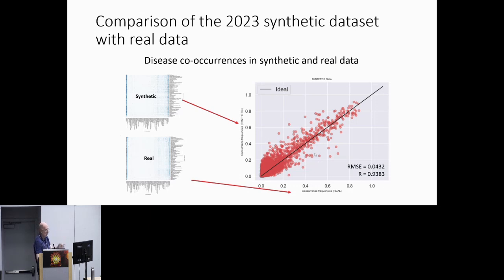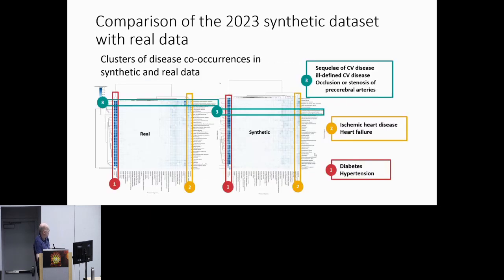And also when you cluster the disease co-occurrences, they are quite similar, and it's not happening by random, but with some diseases like cardiovascular disease and occlusion of stenosis arteries, or ischemic heart disease and heart failure, diabetes and hypertension. So, I mean, it makes sense, right?